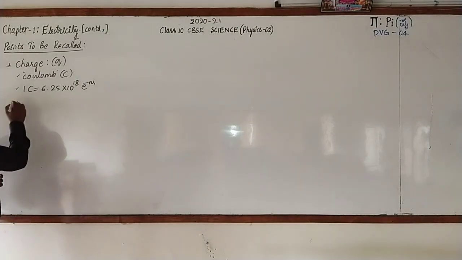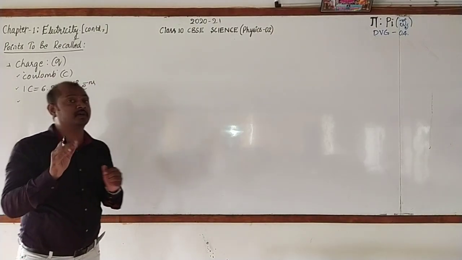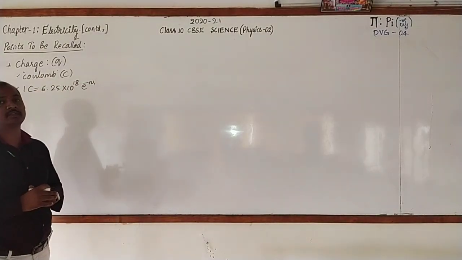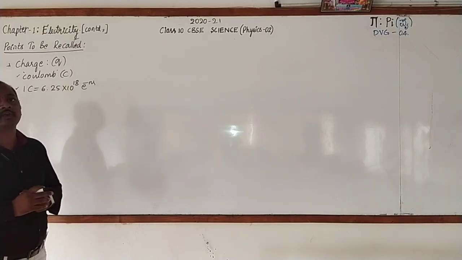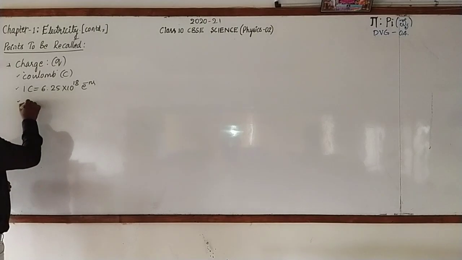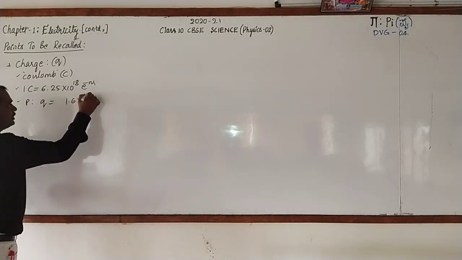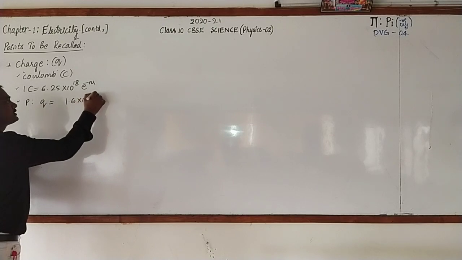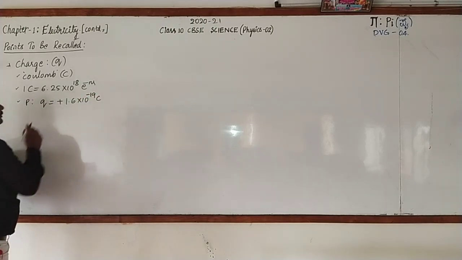And we also know that there are two types of charges. One is positive charge and the second one is negative charge. The positively charged particle is known as proton and its charge is 1.6 into 10 raised to the power minus 19 coulomb, and we write the sign plus.